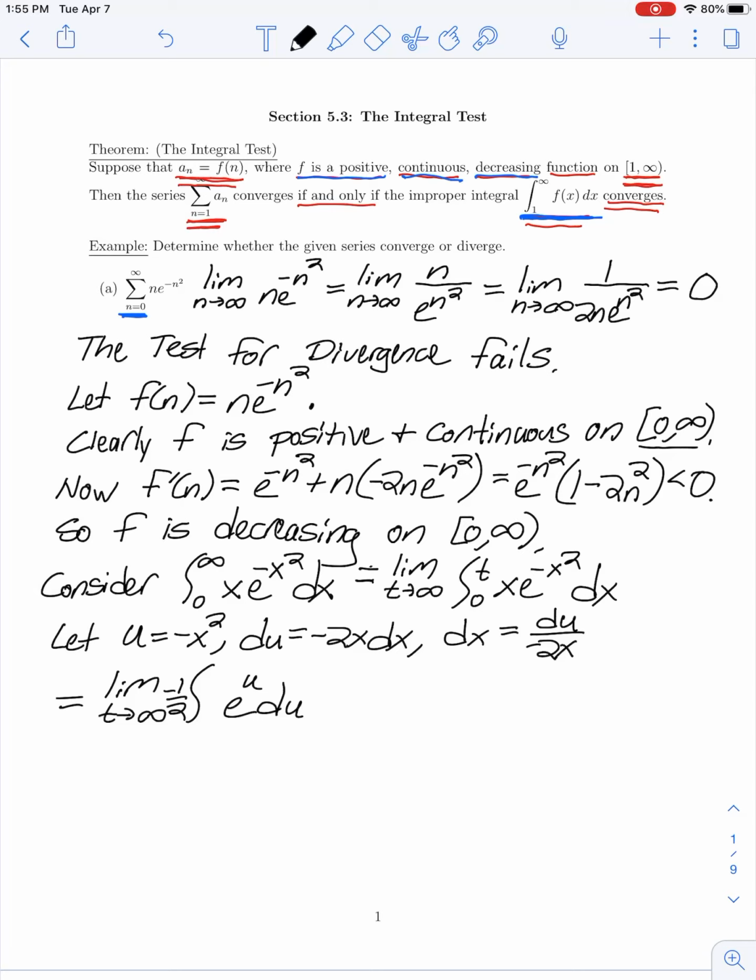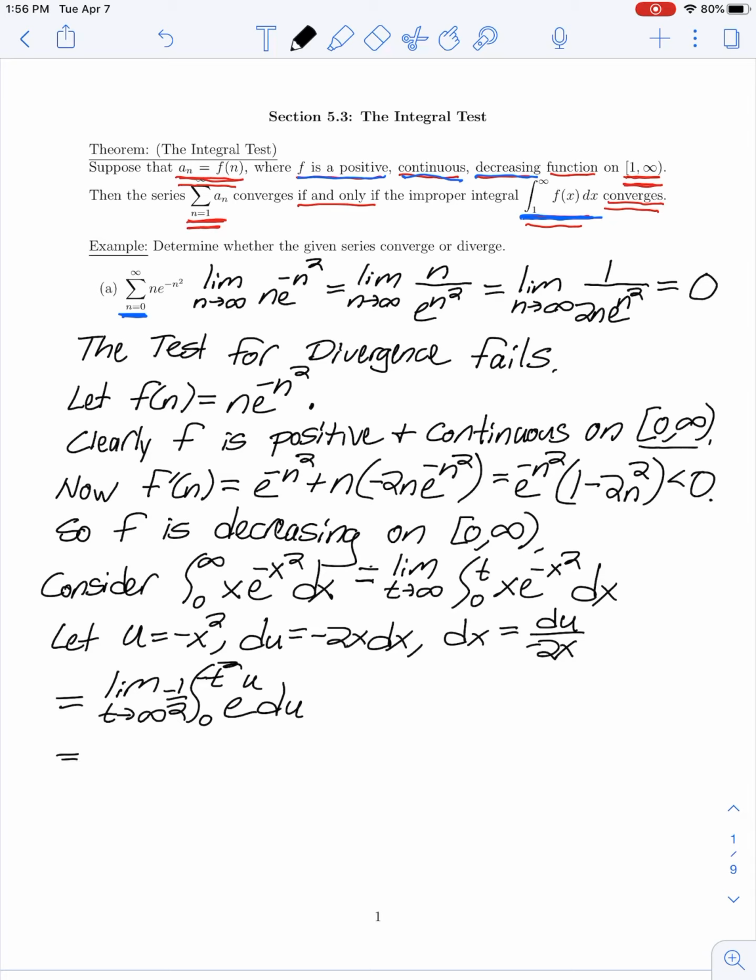And then if we change our limits of integration from x values to u values, we have a lower limit of integration of 0. And when x is equal to t, then u is negative t squared.